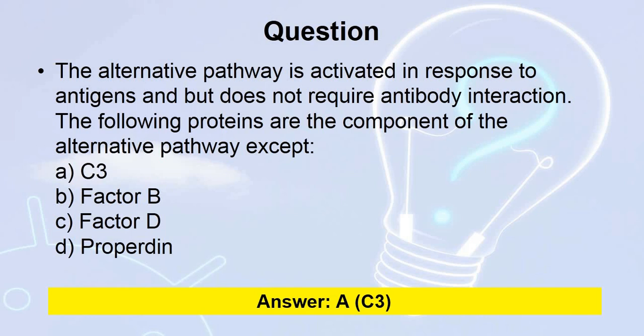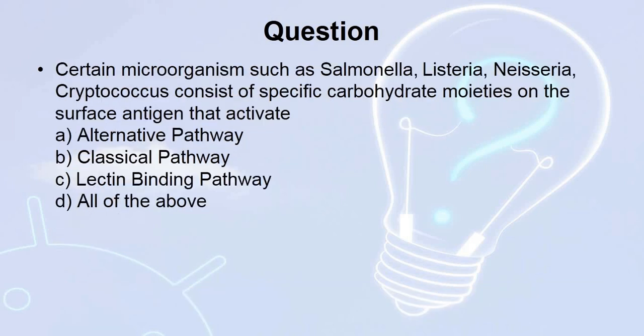The next one also I just taught in my lecture just a few minutes before. Certain microorganisms such as Salmonella, Listeria, Neisseria and Cryptococcus neoformans consist of specific carbohydrate moieties on the surface antigen that activate which pathway?